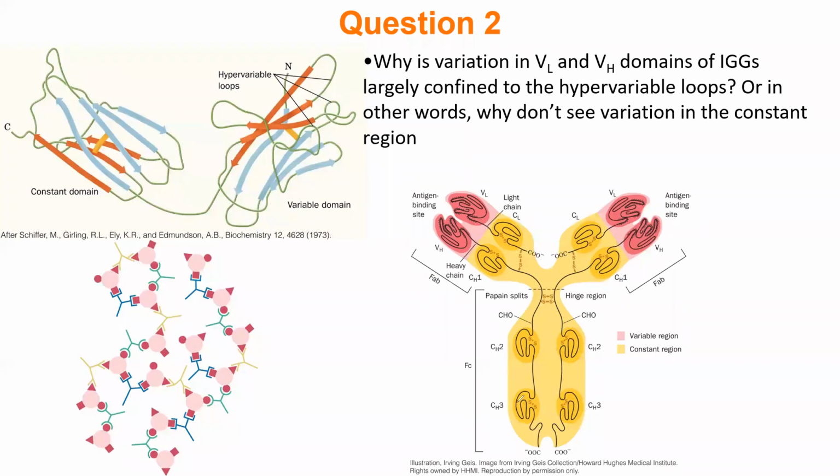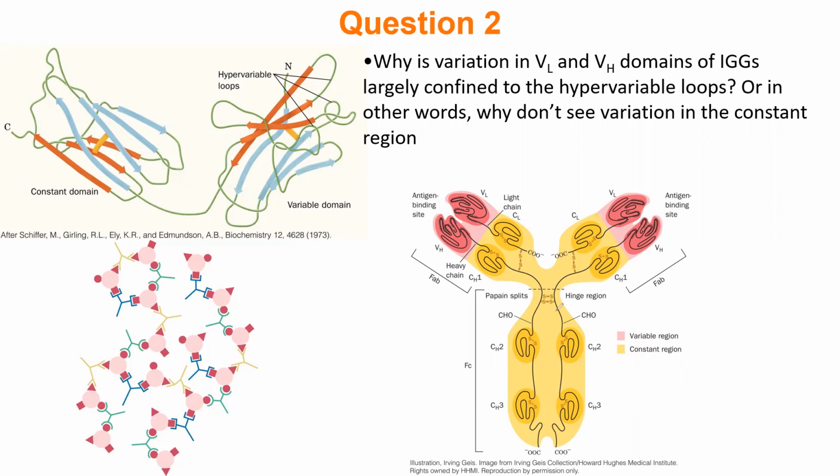However, the constant region of an antibody is what talks to the rest of your immune system. This is what is bound by beta cells. And so for our different antibodies, we always want our antibodies to talk to the rest of our immune system.